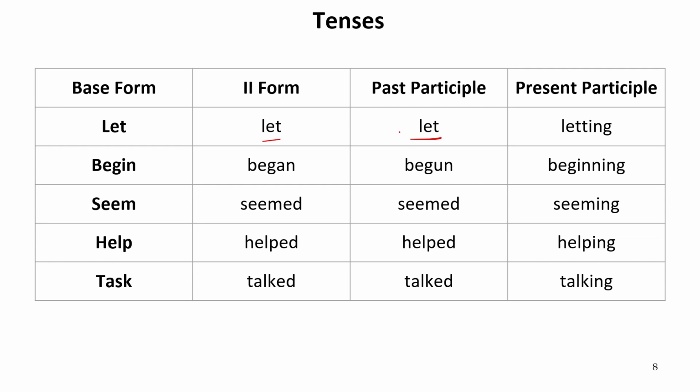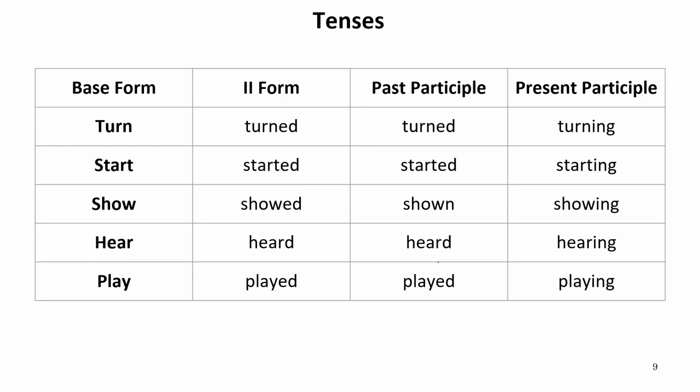Then let is also the same in second form and third form. That is let. For ing it should be letting. Similarly for begin, began. Seem, seemed. Help, helped. Talk, talked, talking. Turn, turned, turning. Start, started, starting. Show, showed, shown. Hear, heard. Play, played, and hearing, playing, showing, starting, turning.